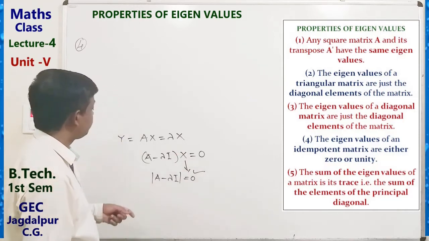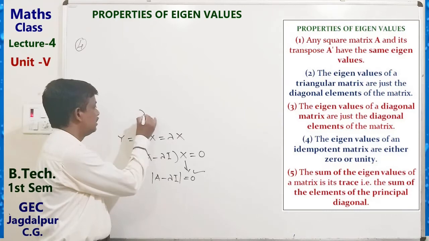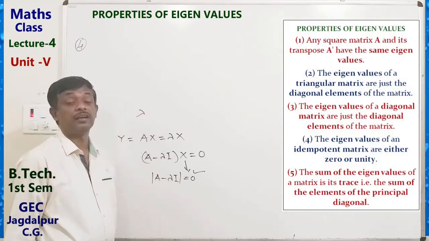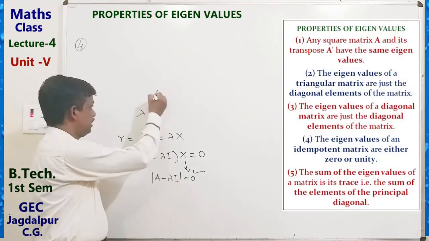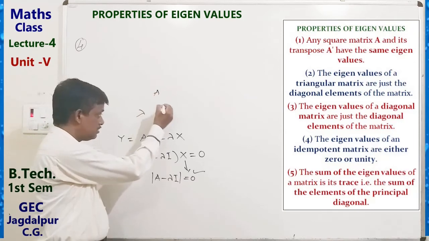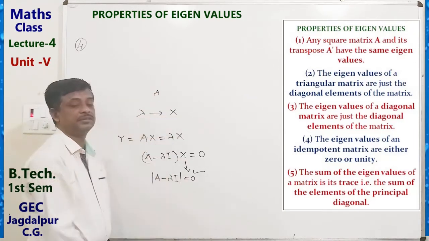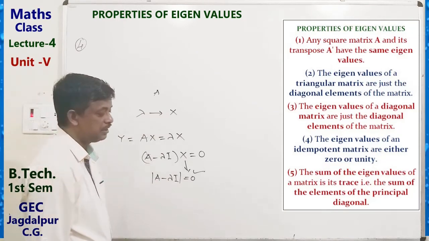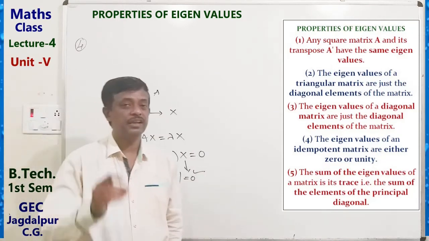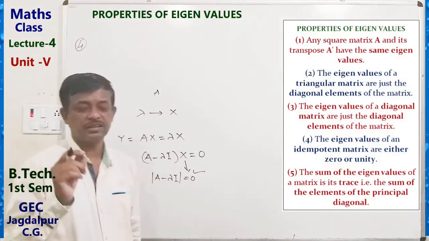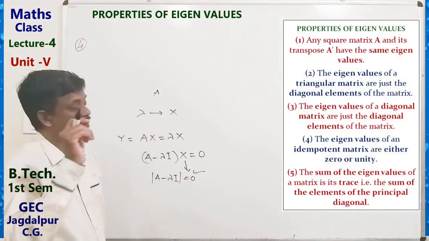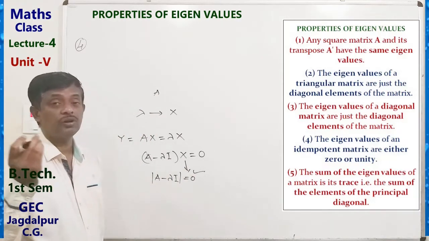So here, if there is an eigenvalue of a matrix A, then there is an eigenvector corresponding to this lambda. Here we just have to prove that if A is an idempotent matrix, then its eigenvalues are either 0 or 1.